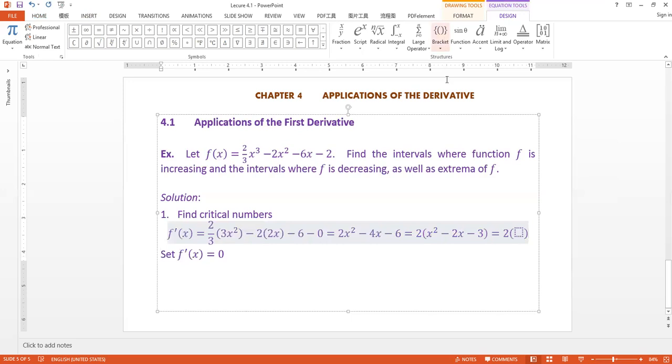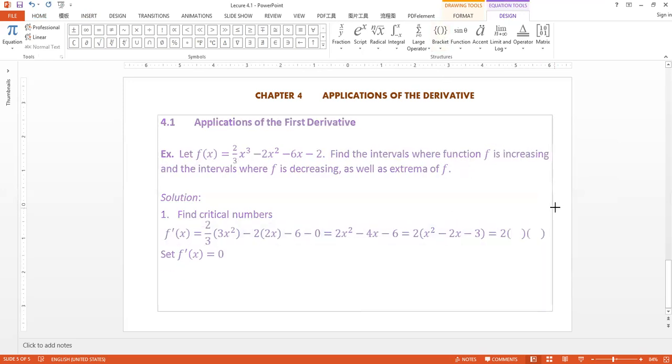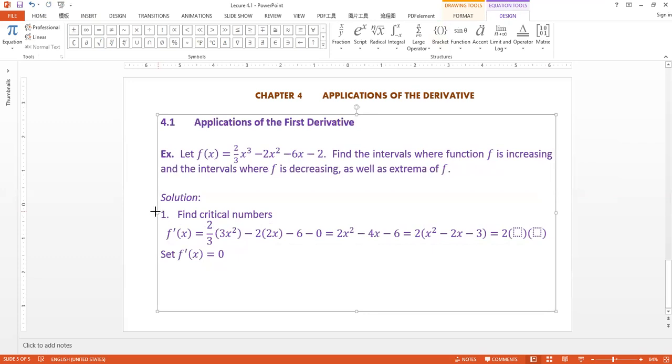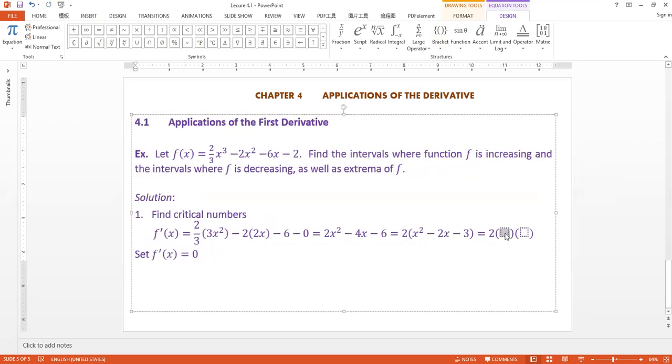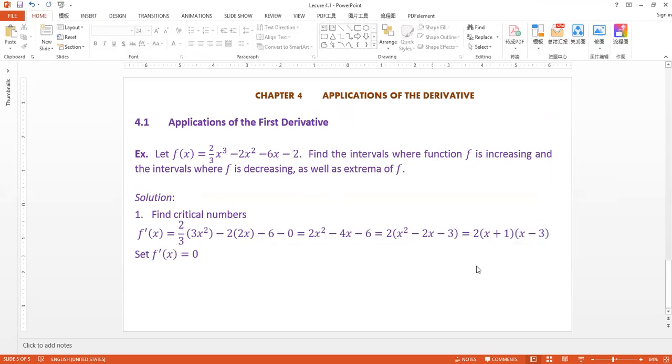That's pretty straightforward, I believe. Basically, you just need to find two numbers where, when you multiply the two numbers, you get -3, and when you add the two numbers, you get -2. So these are positive 1 and -3.